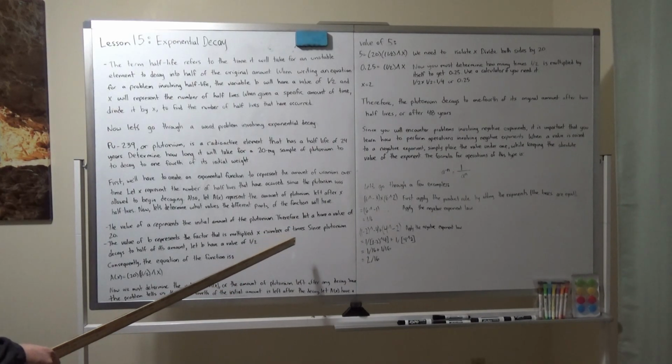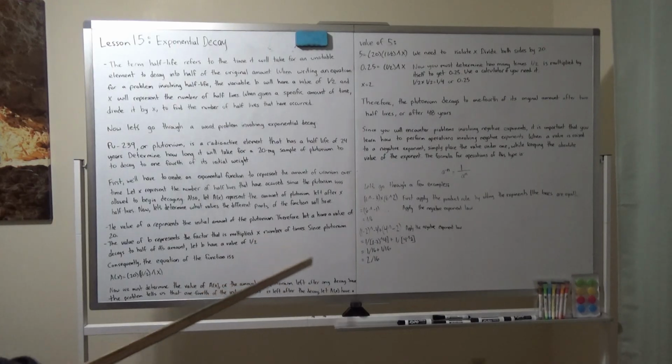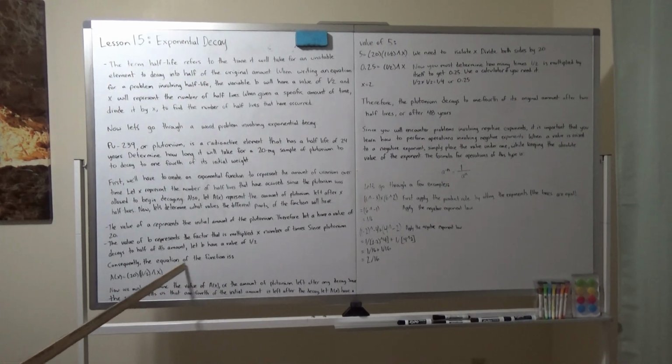Consequently, the function is a of x equals 20 times 1/2 raised to the power of x.